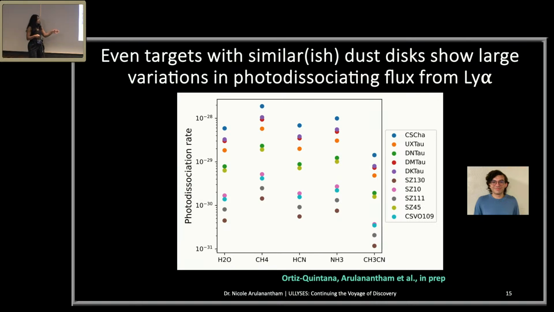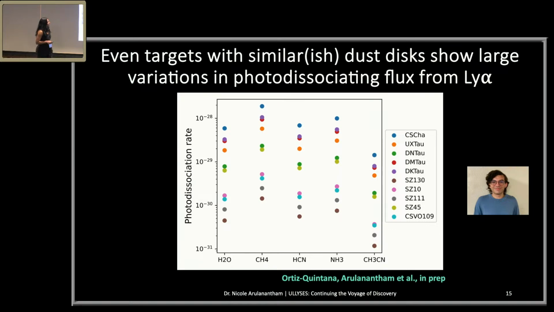Now it turns out that I showed that figure where we saw signatures of jets. It turns out that the structure of these jets can be very challenging to get direct constraints on, the properties of these emission lines.